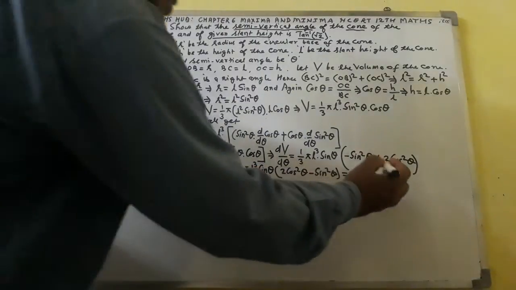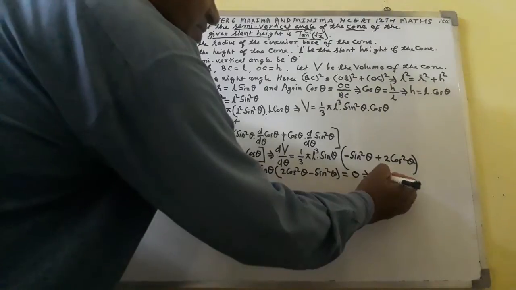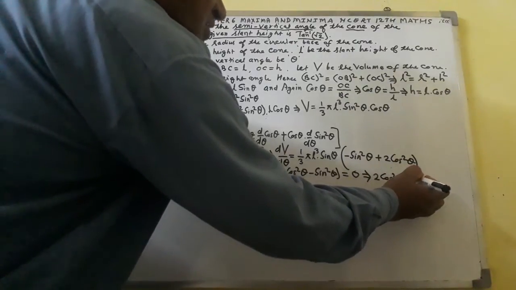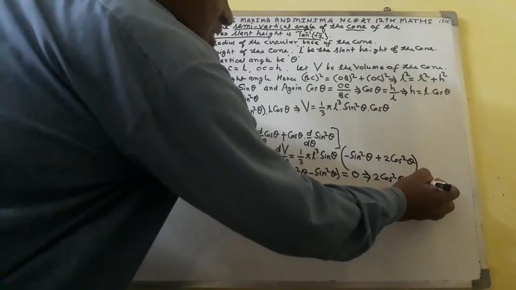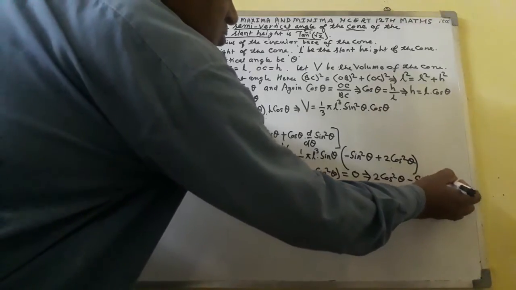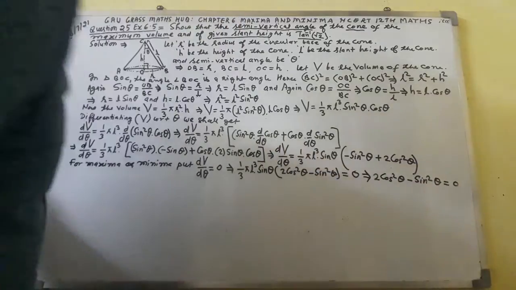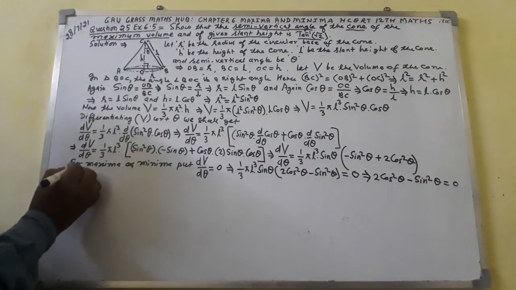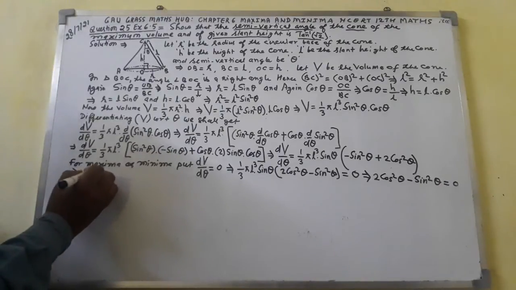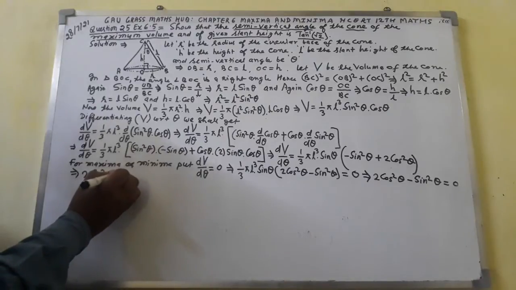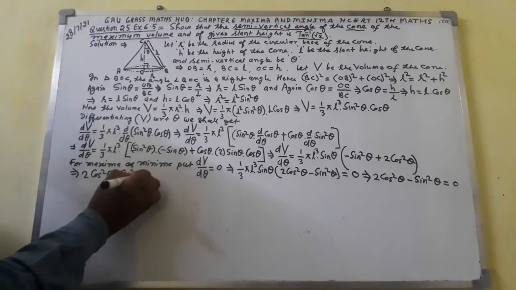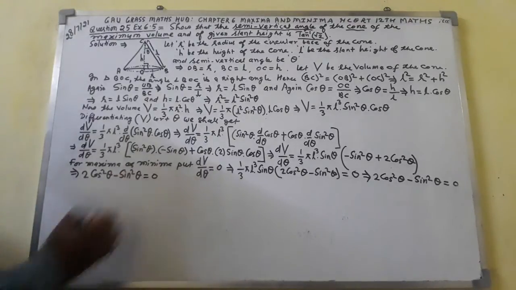So you will get here 2 cos square theta minus sin square theta is equal to 0. This thing we have got. So here again I shall write 2 cos square theta minus sin square theta is equal to 0.